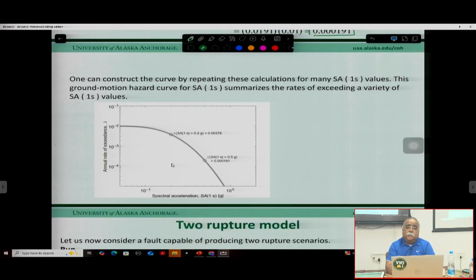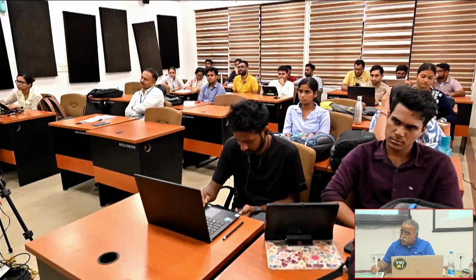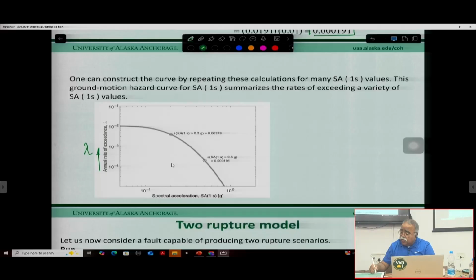And then we can compute a curve. Now this is your annual exceedance, so this is your lambda values, and this is your spectral acceleration. So for spectral acceleration of 0.2 g, 0.2 is here, so we can go up to 0.2 here.